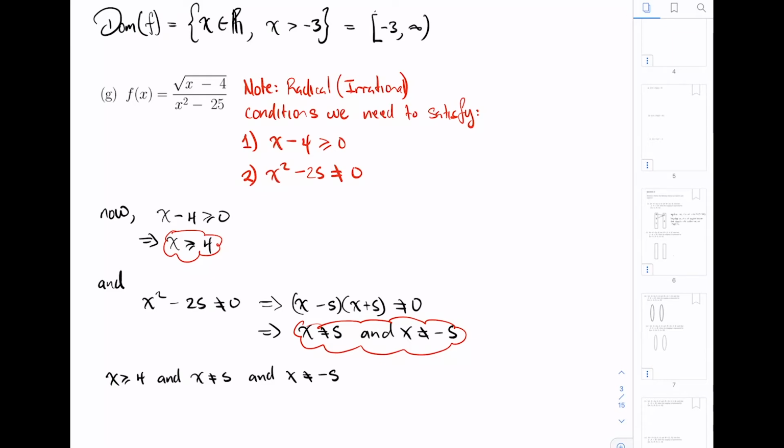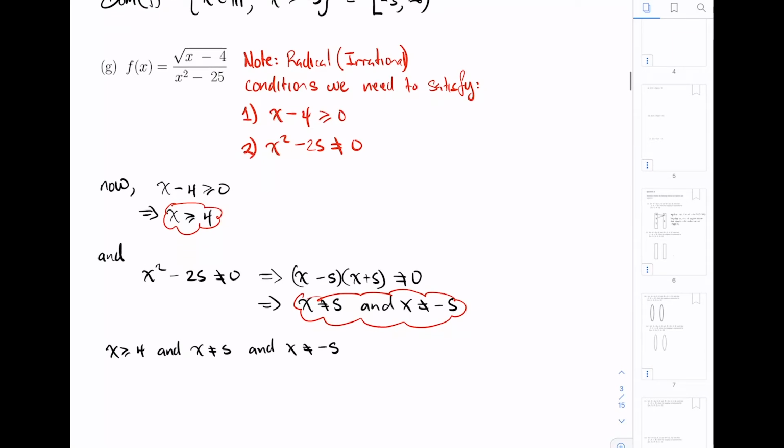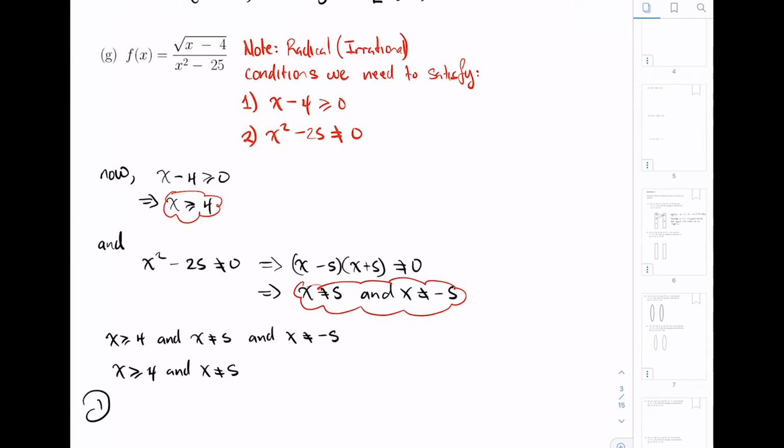If these three conditions are to be satisfied, we end up with x is greater than or equal to 4 and x is not equal to 5. So therefore, our domain for this function is x in the set of real numbers such that x is greater than or equal to 4 and x is not equal to 5.